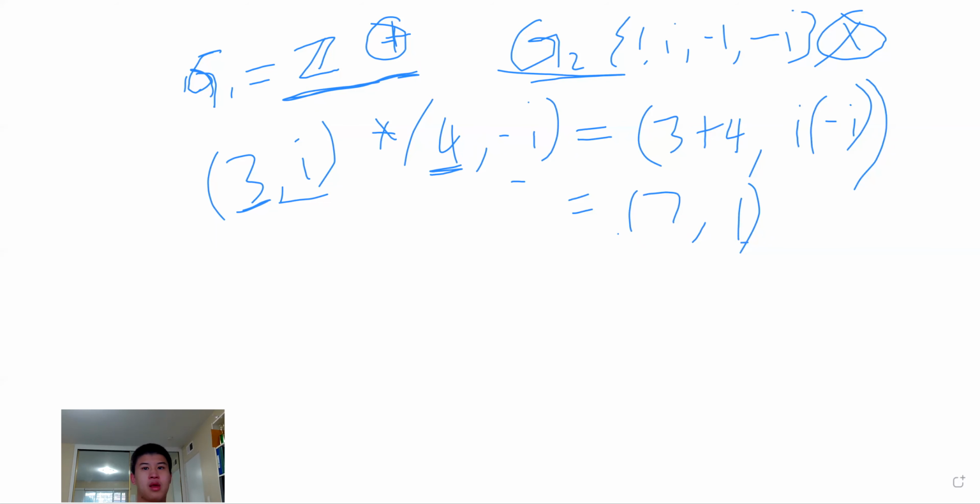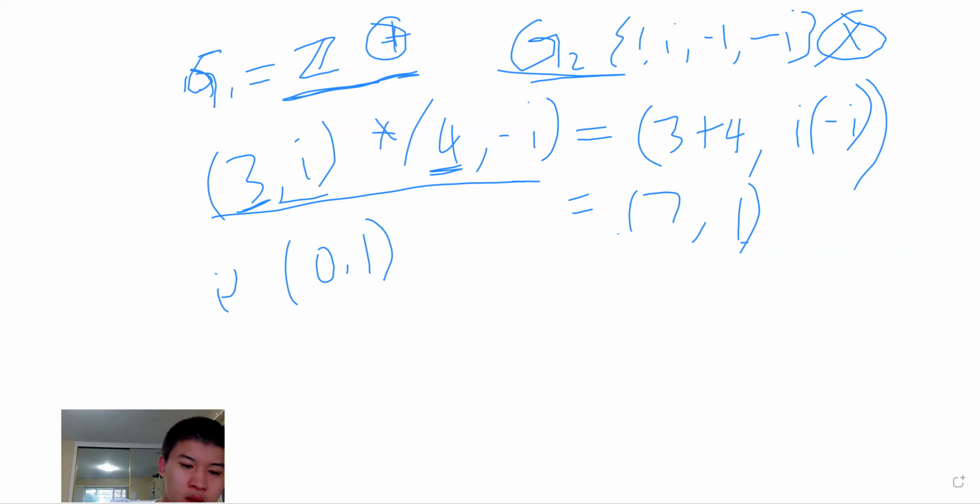And the direct product satisfies all the axioms of groups. In this case, the identity element will be 0, 1 because 0 is the identity element of G1 and 1 is the identity element of G2.